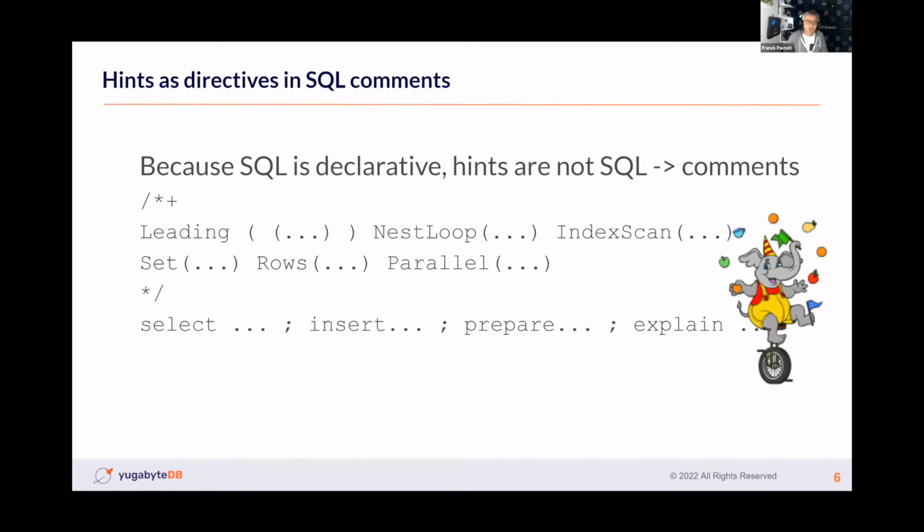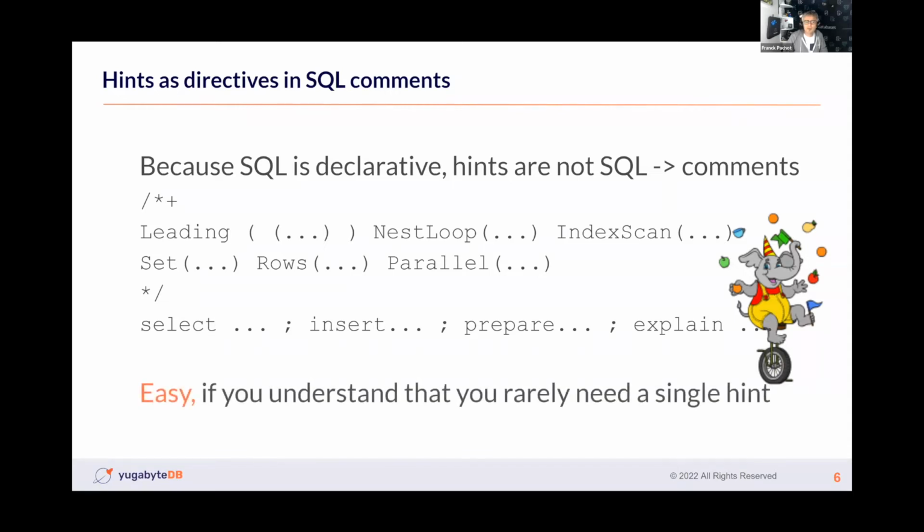At the beginning of your query, you start with a comment, /*, and a plus as the first character, no space, you need a plus there. And then the query planner with the pg_hint_plan extension will read those comments and read them as hints if they follow the right syntax. And then after you have your query, that can be a select, insert, prepare, explain, whatever. And it can be easy if you understand a few things, especially that you rarely need a single hint.